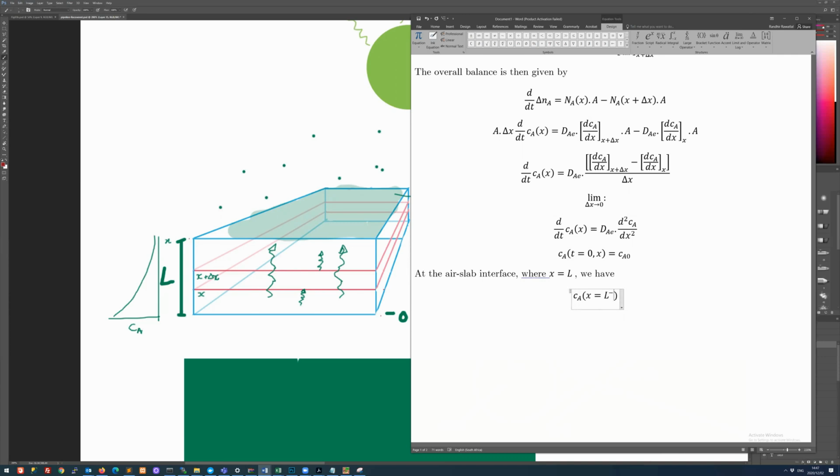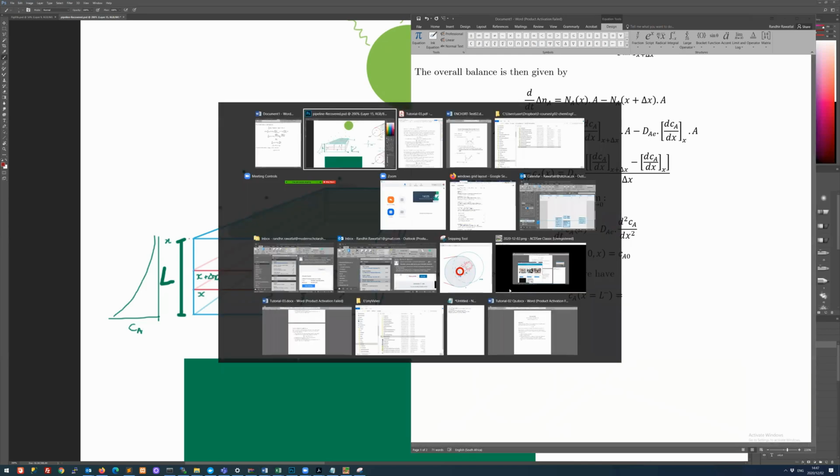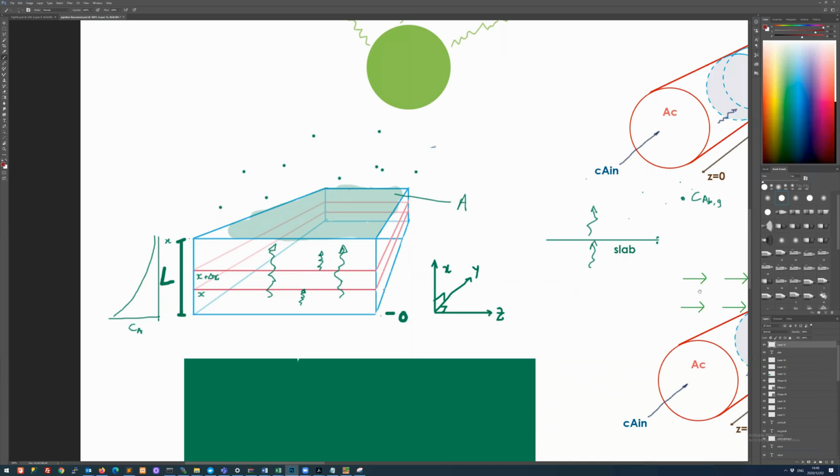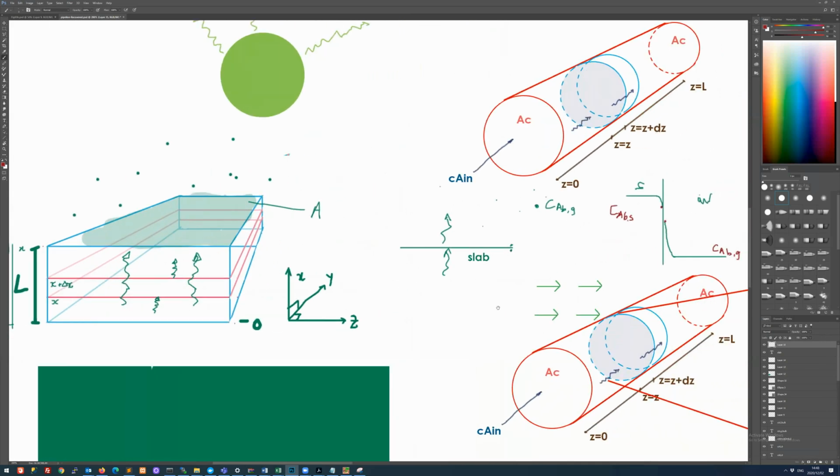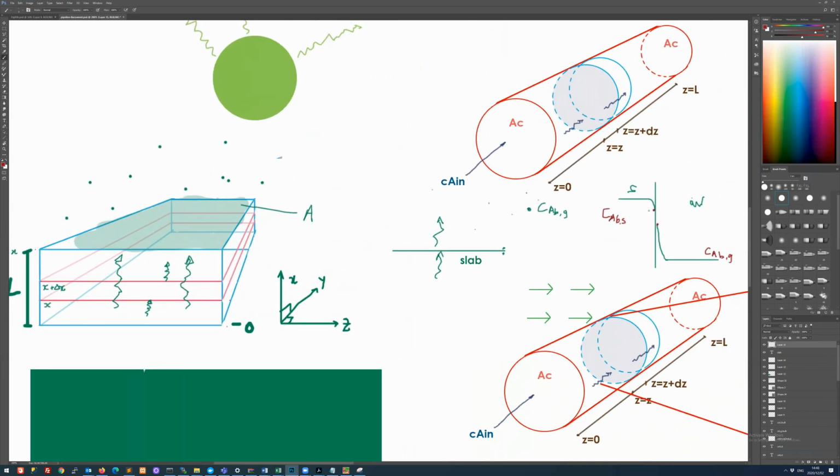That means for values of x just inside the interface, we are talking about the concentration in the slab. That concentration must equal the value in this drawing.